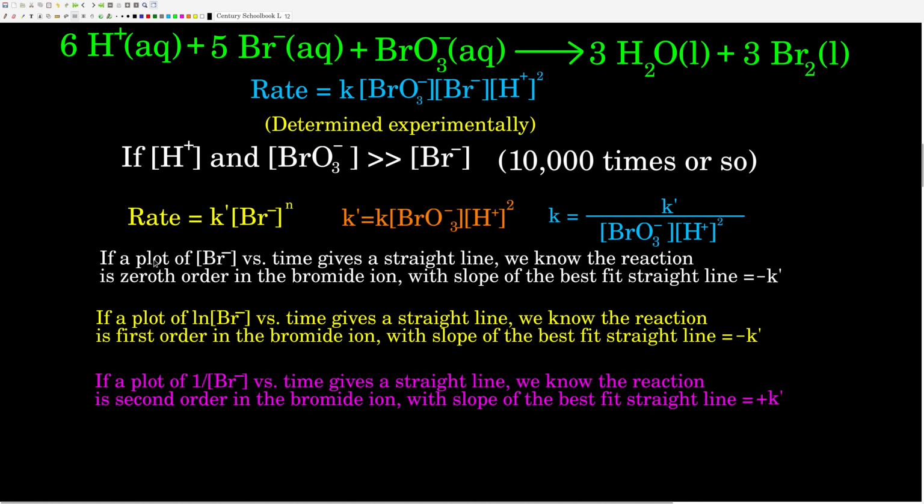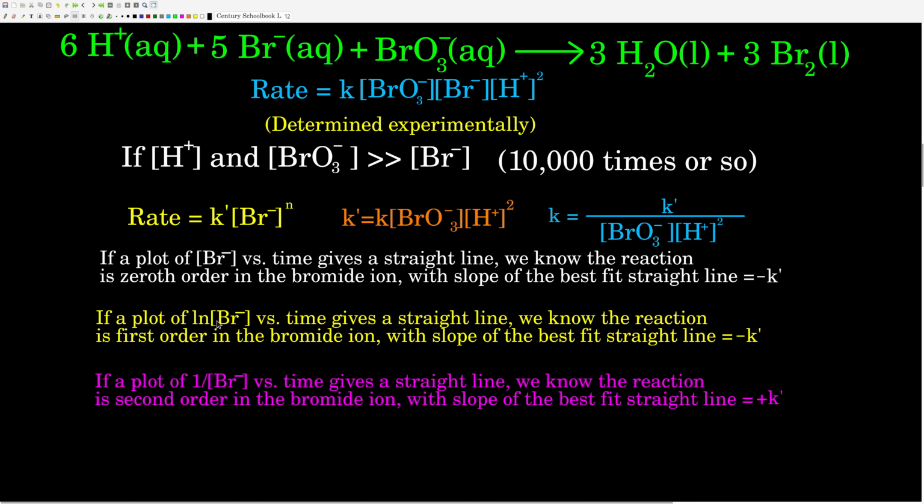We make a plot of the concentration versus time, the natural log of the concentration versus time, and 1 over the concentration versus time, just like we did with the integrated rate laws. Same idea. So if the plot of concentration versus time gives us a straight line, we know the reaction is 0th order in that reactant, in this case bromide, and the slope of that best fit straight line is negative K prime.